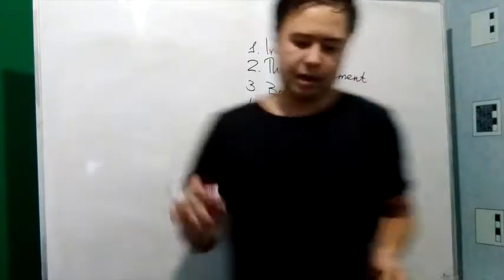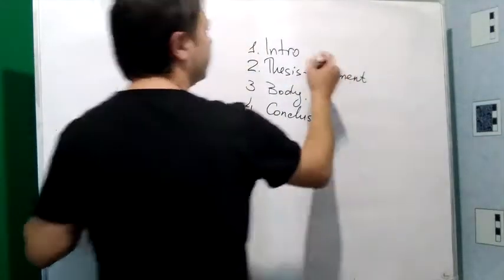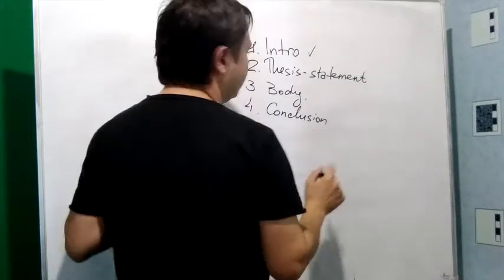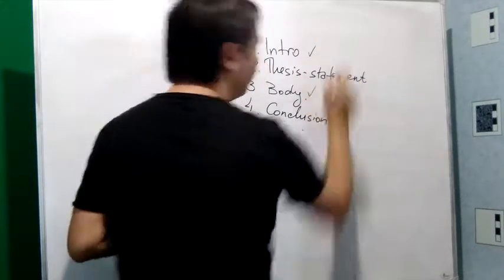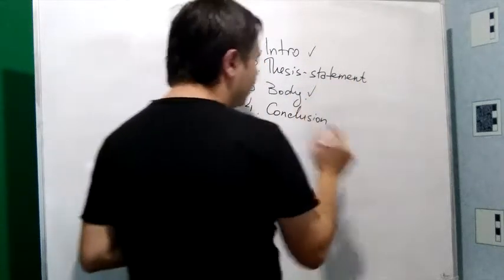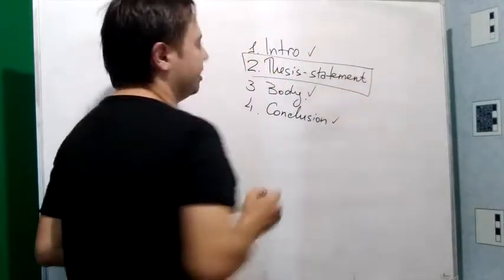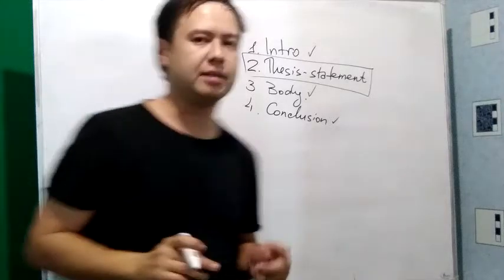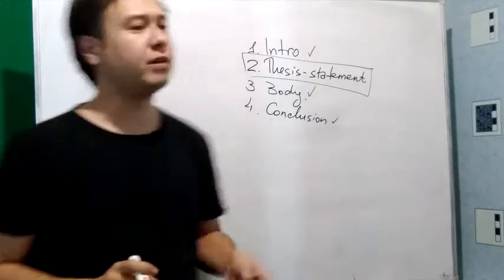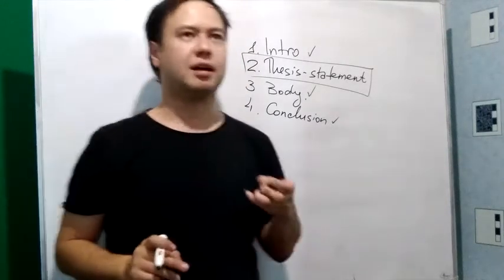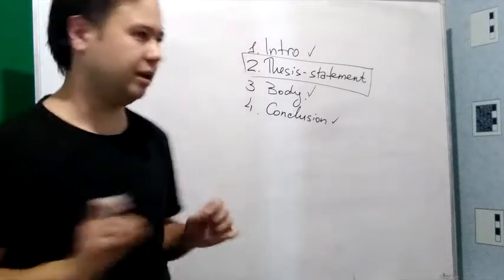You already know what the introduction is, and you might know what the body may include. You might know what the conclusion may have inside of it. I think the biggest question today is how to write the thesis statement for writing task 2. It's not going to be a very big problem since I'm going to explain this in detail.